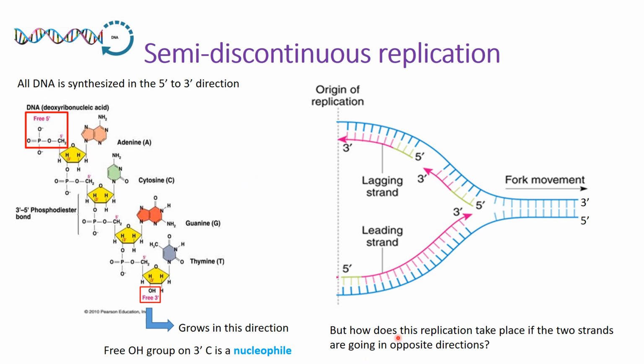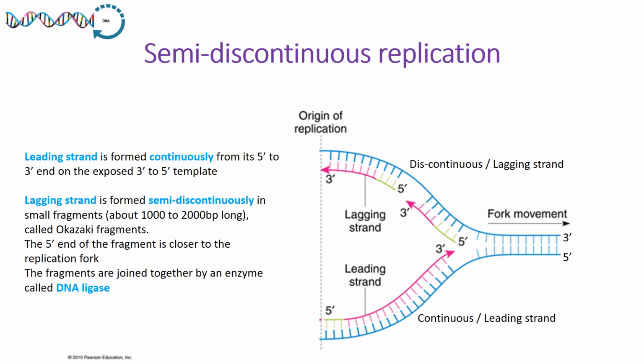But now, how does replication take place if the two strands are going in opposite directions? Remember, it can only take place from 5' to 3'. But it has to take place on both strands.